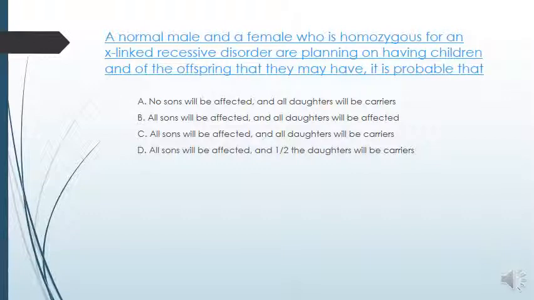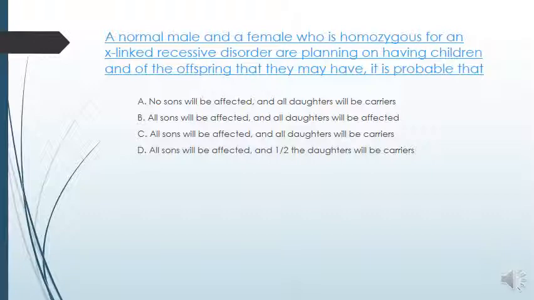I want to start off by looking at some pedigrees and some questions about pedigrees. The first one: a normal male and a female who is homozygous for an X-linked recessive disorder are planning on having children, and of the offspring that they may have, it is probable that A, no sons will be affected and all daughters will be carriers.